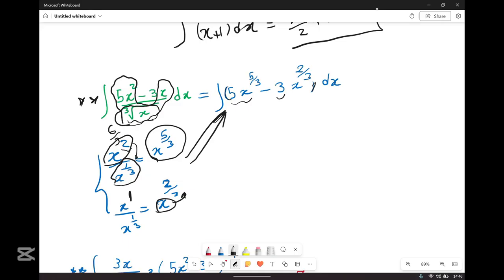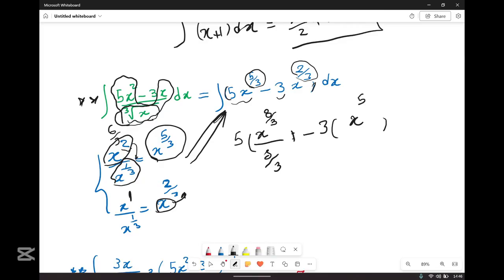Adding 1 to the power gives 8 over 3 in the numerator, minus 3 with this part, x, if you add 1 to this power is 5 over 3, exactly 5 over 3 in the numerator, plus, yes, don't forget c.